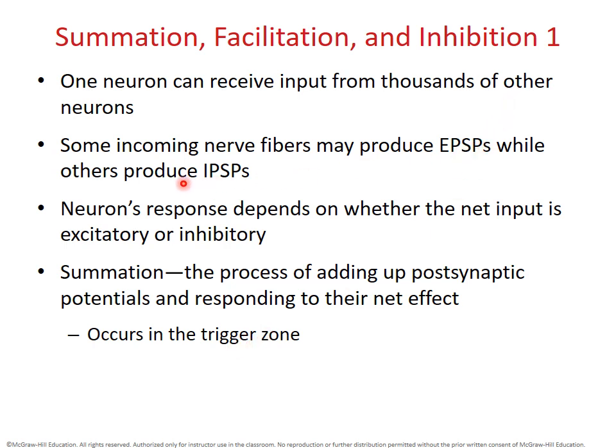If that's happening at the same time that we're getting a lot of inhibitory postsynaptic potentials, the net effect of the two might be no change at the trigger zone, and we see nothing happen in the postsynaptic cell. So summation simply means how we combine these excitatory and inhibitory postsynaptic potentials to create an effect or no effect on the postsynaptic cell.